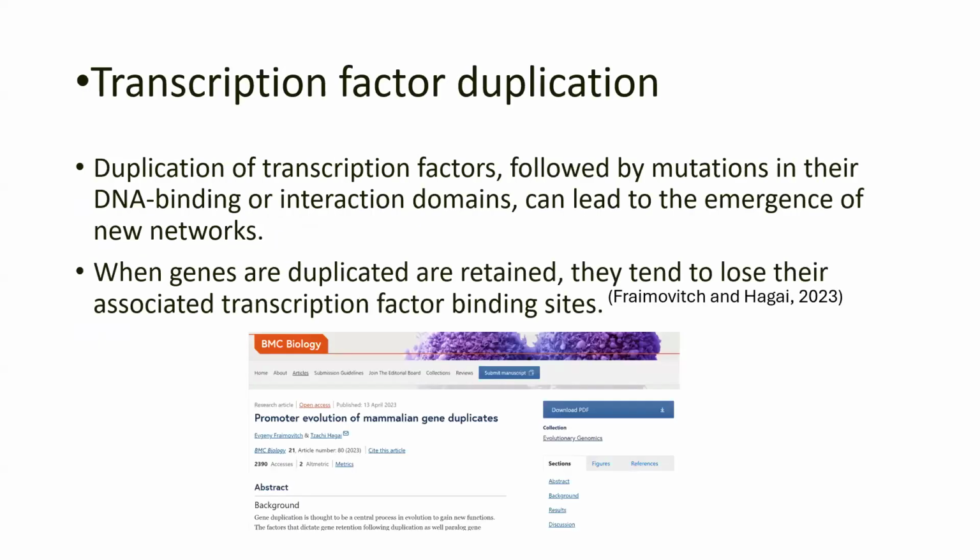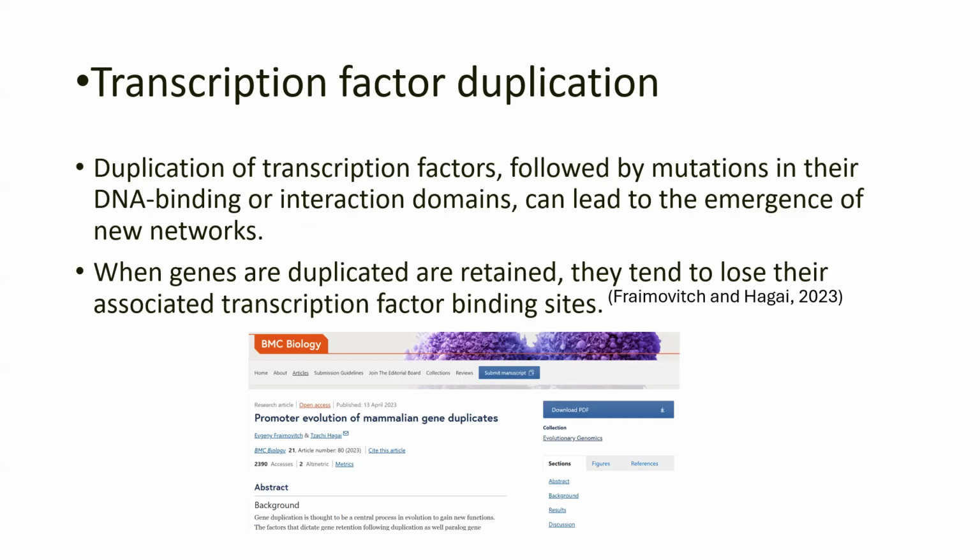So with transcription factor duplication, you already have one transcription factor, and the binding site for that transcription factor itself might be north of, or 5' to, the protein coding gene. But the general pattern in the evolution of transcription factors after duplication of a gene is that you have a duplication of the transcription factor along with the gene.